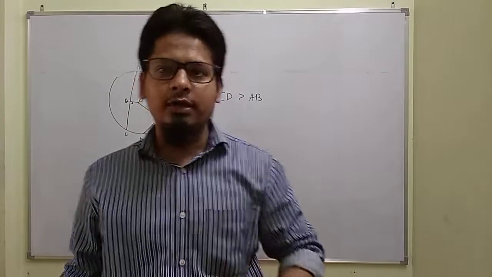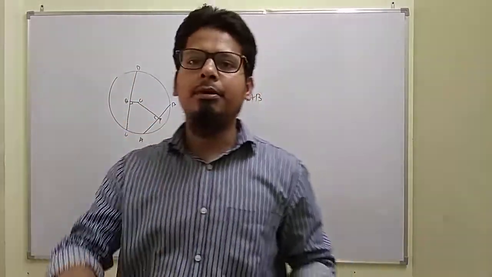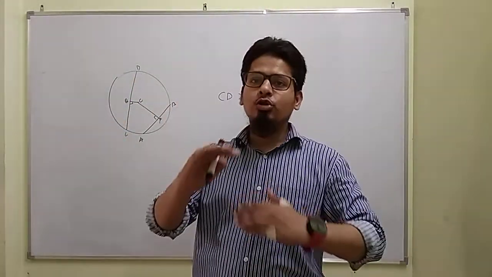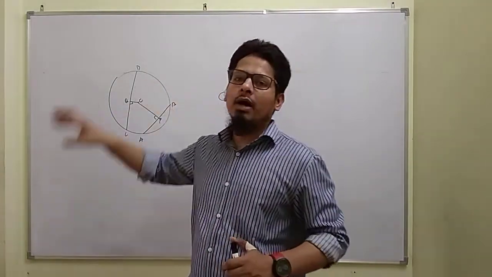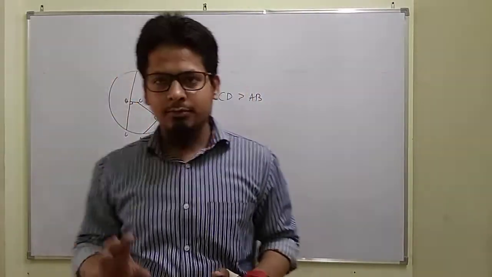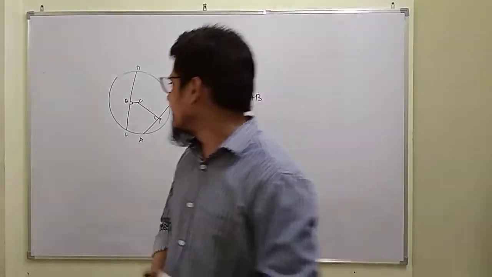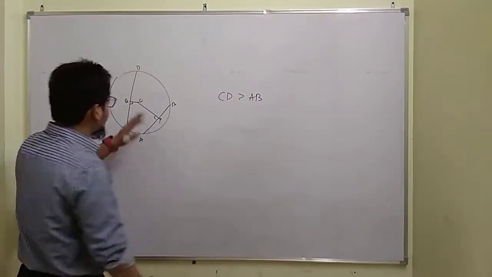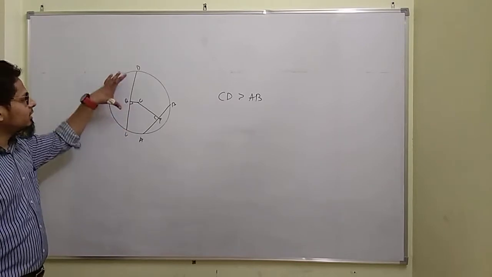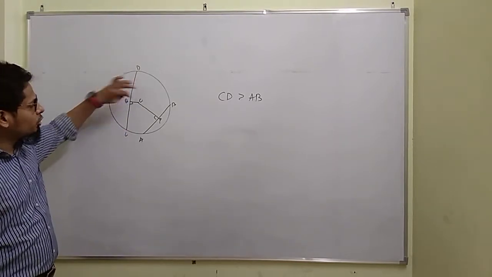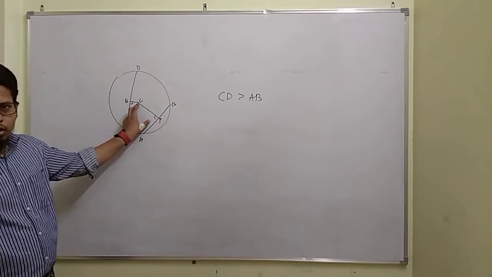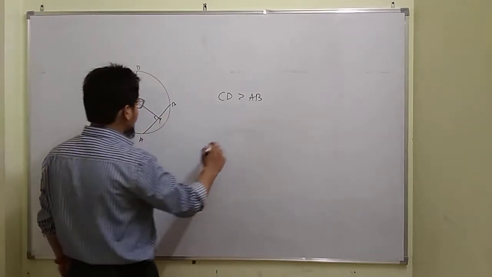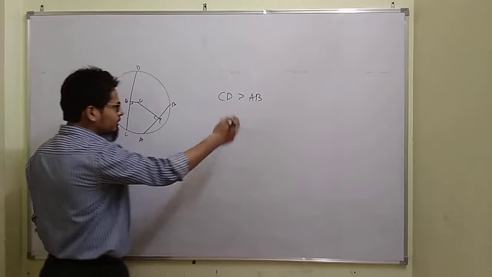If you draw the figure with a compass and scale, you will observe that the same thing happens. The longer chord has the shorter distance, and the shorter chord has the longer distance. So just write the observation.